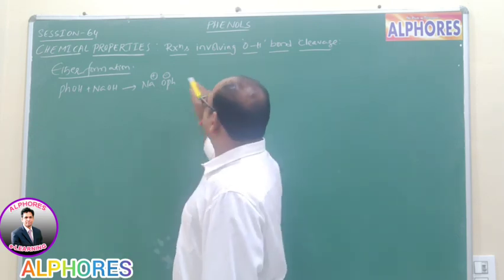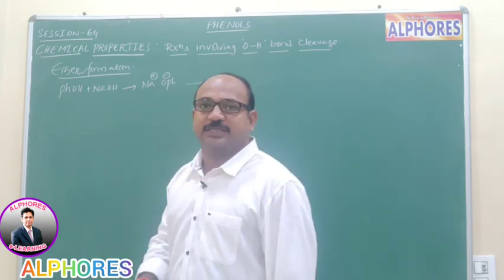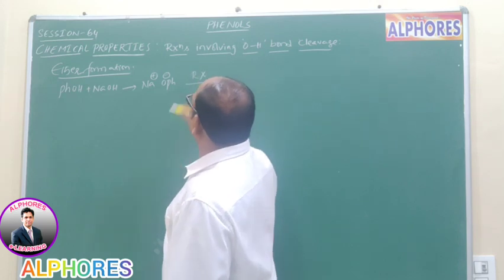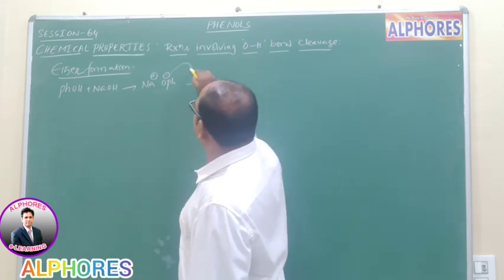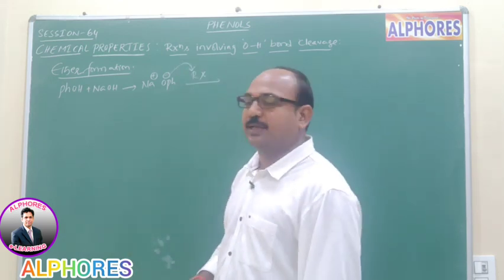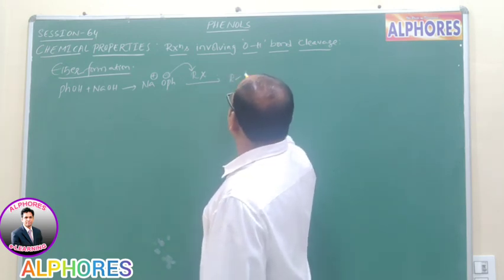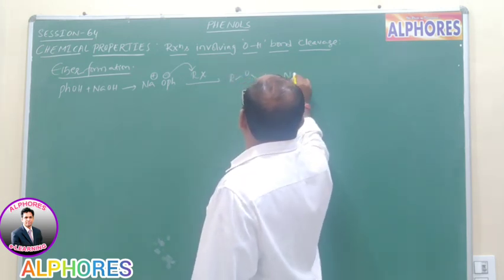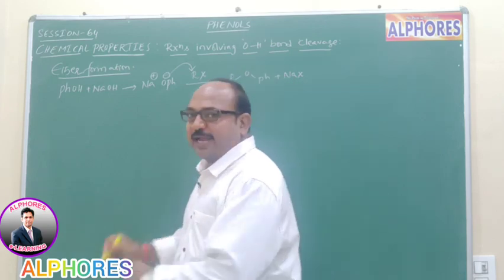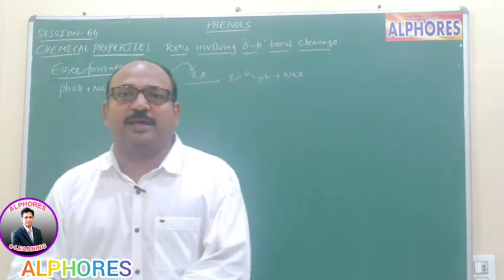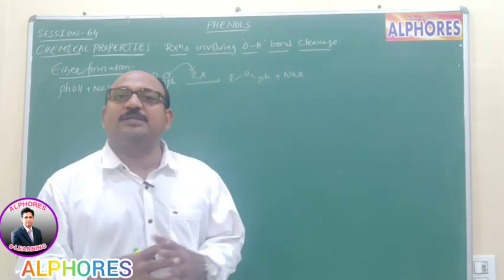Now this phenoxide upon reaction with alkyl halide, PhO minus displaces the X minus, and we get ROPh and NaX. This reaction is much familiar, nothing but Williamson synthesis.